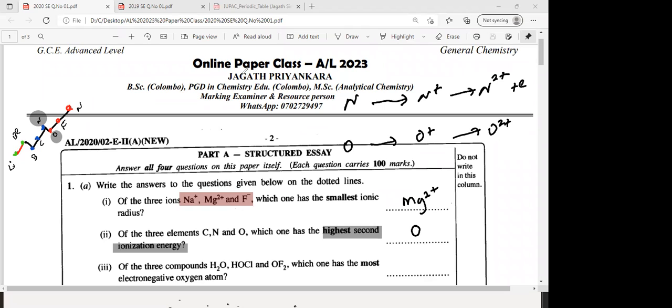So N plus becomes 2s2 2p2, and O plus, 2s2 2p3. Removal from the p3 half-filled configuration is more difficult than from p2. They are in the same period. Understood?